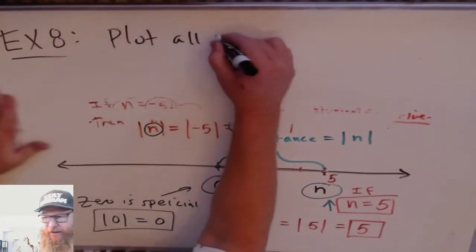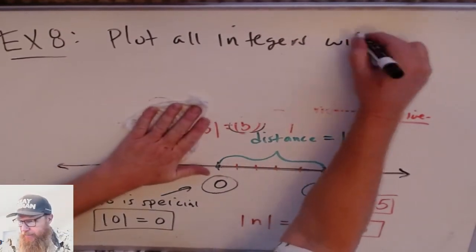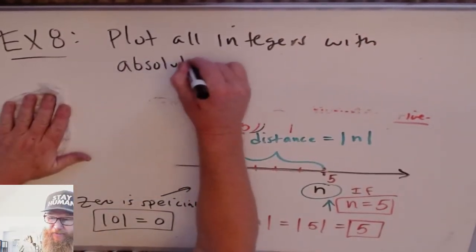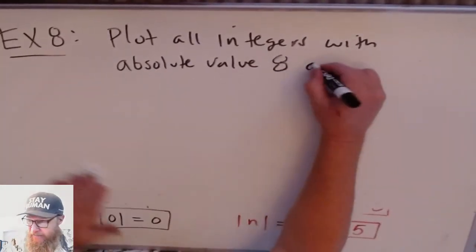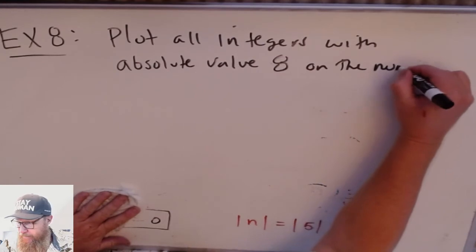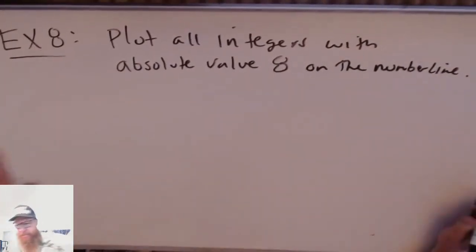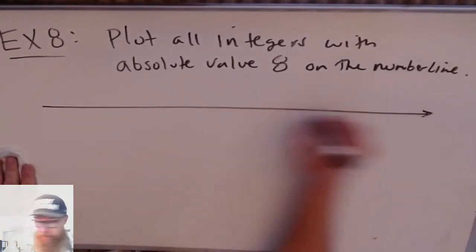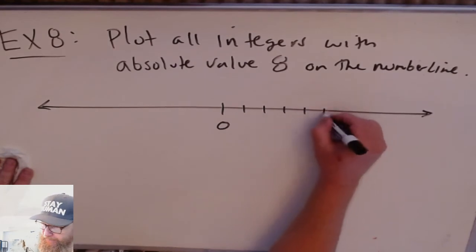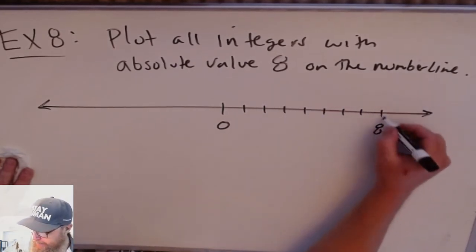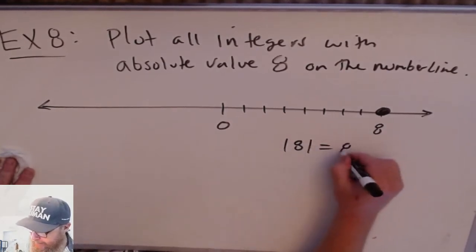Plot all integers with absolute value 8 on the number line. Basically a free answer. 1, 2, 3, 4, 5, 6, 7, 8. So the absolute value of 8 is 8.